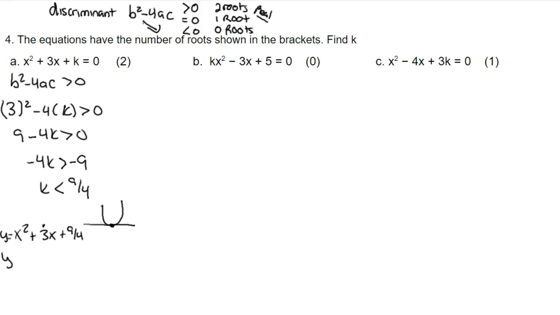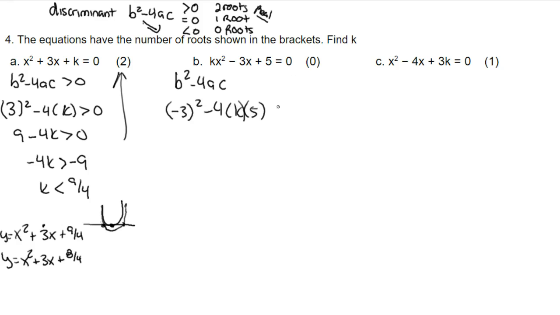So if I were to take anything less than that, for example if it was 8/4, which is a little bit smaller, the whole parabola is going to shift down, and now I'm going to have 2 x's. If I had a number smaller than 9/4, it's going to create 2 roots. If I had a number bigger than 9/4, the whole parabola would go up, and I would have no roots at all. So anyway, when you go through the rest of these problems, they basically work the same way.